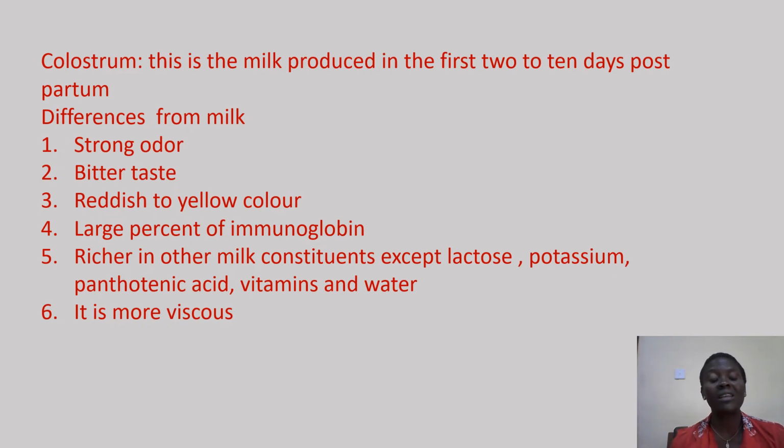It also has a large percentage of immunoglobulin antibodies. It is richer in other milk constituents except lactose, potassium, pantothenic acid, vitamins, and water. And because it is not rich in water, it is more viscous than the milk obtained for commercial purposes.